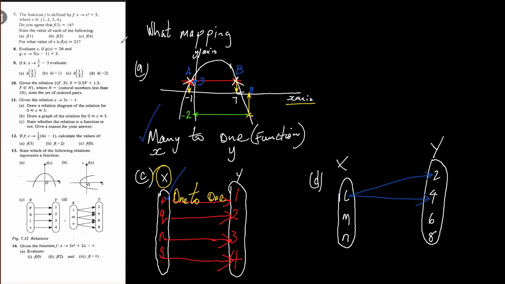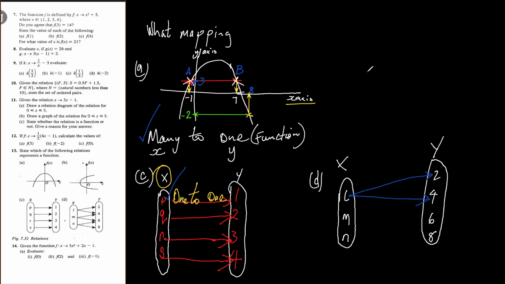Sienna, your mic not working? All right. Sahai, that's correct. Sienna, what kind of mapping is D? 1 to many. 1 to many, that's correct.